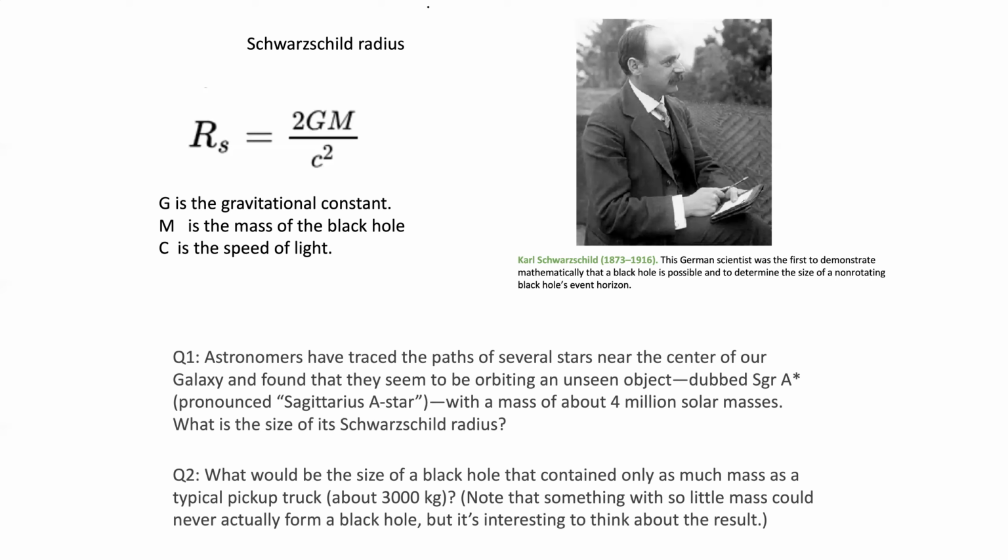And just to compare these values, I have given a day-to-day life example: a black hole that contains only as much mass as a typical pickup truck, around 3,000 kilograms. Think about a bus or truck, something like that, and calculate the Schwarzschild radius.